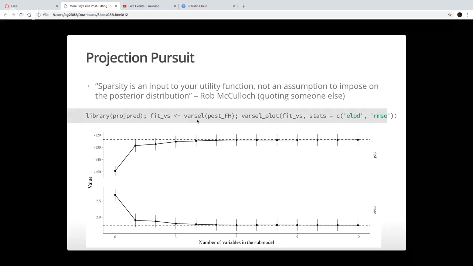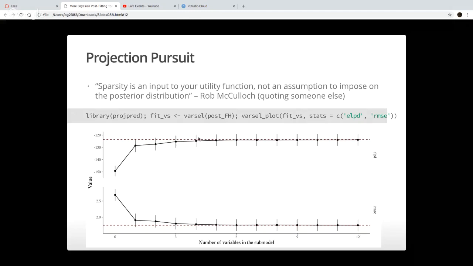It has this varsel function that you pass something fit by rstanarm, and it's stored in this thing called fit_vs, which is going to hold a lot of the information needed on the next couple of slides. And then you can do the varsel plot of that, calculating the expected log predicted density and the root mean squared error. So these are going to go in opposite directions.